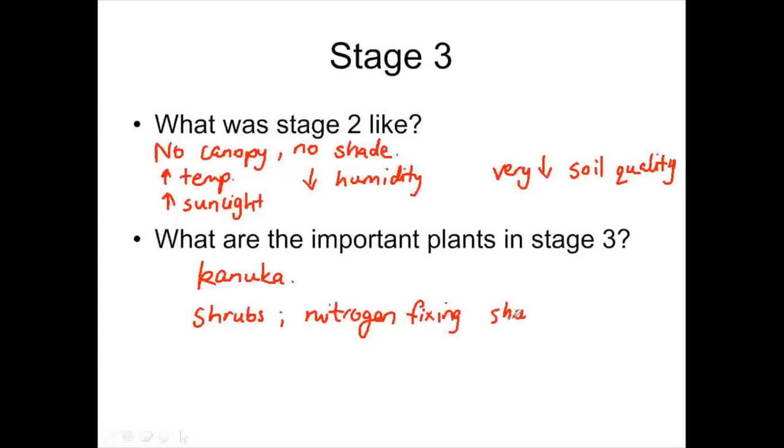These shrubs have bacteria within their roots, and these bacteria take the nitrogen in the air and convert it into nitrogen in the soil, which plants can use. And as I said before, these plants need nitrogen to grow. Well, a lot of plants do, especially the ones which grow at stage 6 in the succession, need a lot of nitrogen in the soil.